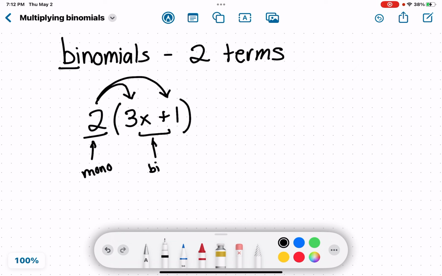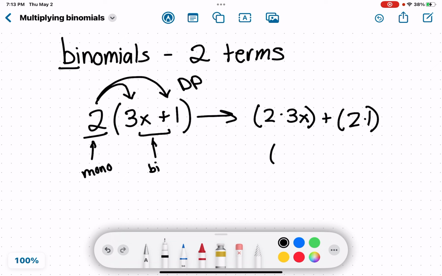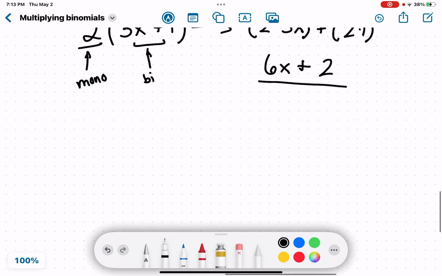With the distributive property, we can do 2 times 3x plus 2 times 1. 2 times 3x is 6x, plus 2 times 1, which is 2. This is our final answer. Easy enough, right? So all we're doing is adding an extra term.